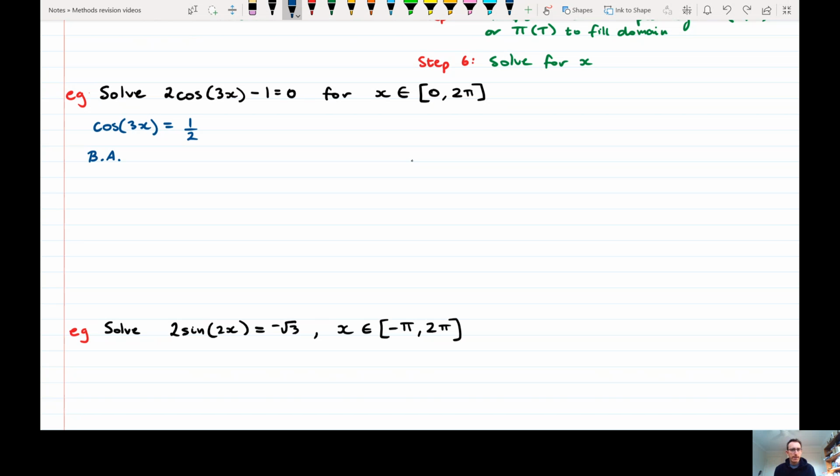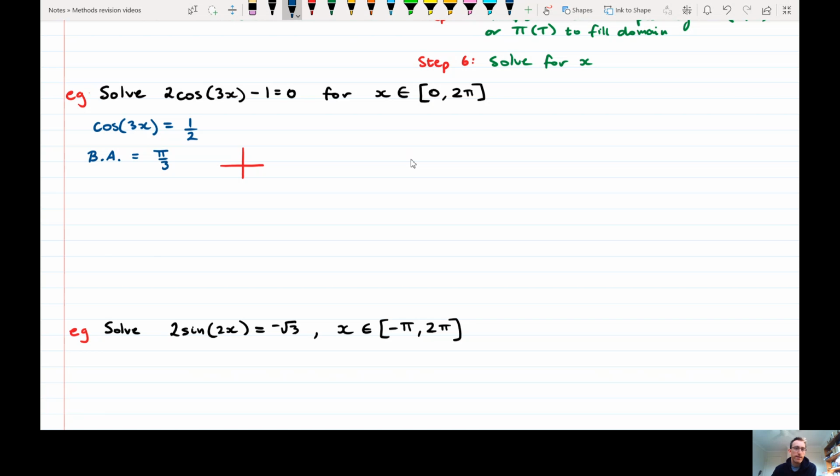I want to find what angle I'm dealing with. Well, I know from the exact value table, I can scroll up there and have a look, or you can remember it in your mind, that pi on 3 is the angle which gives me half when I'm using cosine. That's important. Now, when I'm dealing with this half, I'm up to a third step here, trying to find all the solutions in the first period.